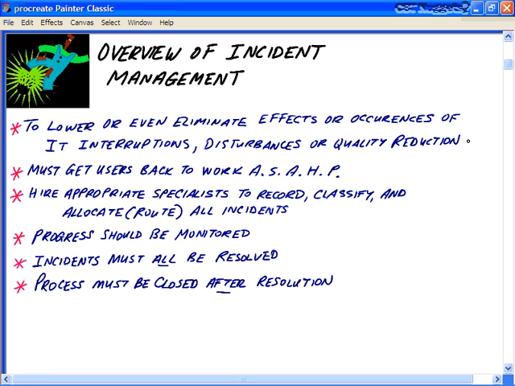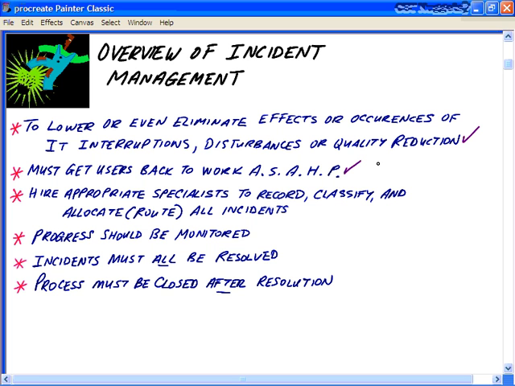So we've determined that the goal of incident management is to lower or even eliminate effects or occurrences of IT interruptions or disturbances or reduction in service quality. And our goal here also is to get our users back to work ASAP, as soon as humanly possible.